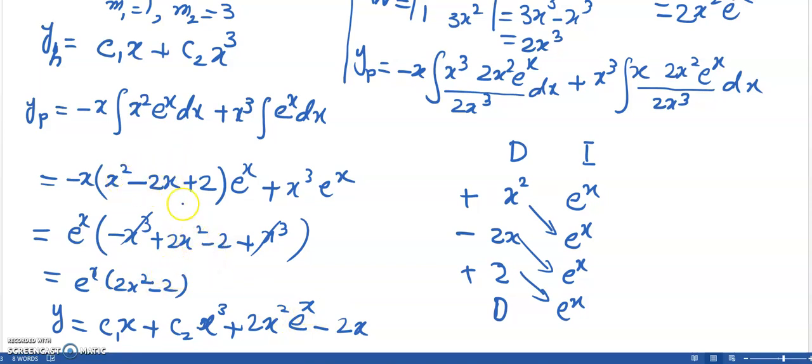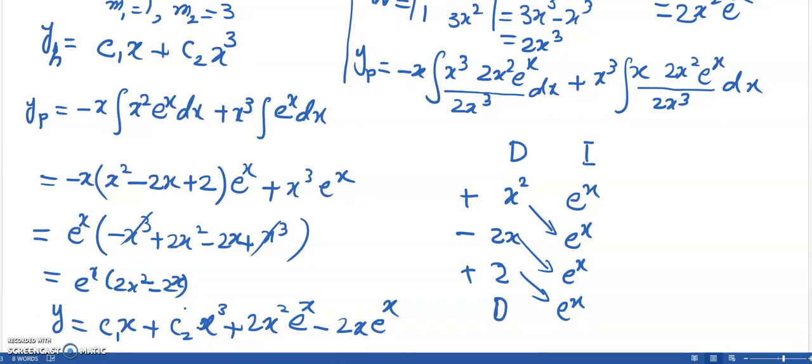Let me see, I made a small mistake over here. It was x over here, and it should be x over here, so it should be 2x e power x. So this is the solution, c1 x plus c2 x cube plus 2x square e power x and minus 2x e power x. So this is the complete general solution.